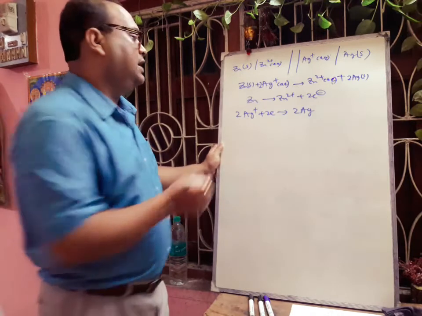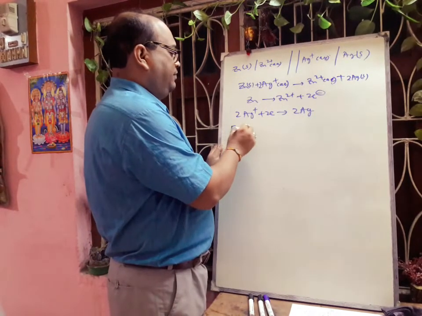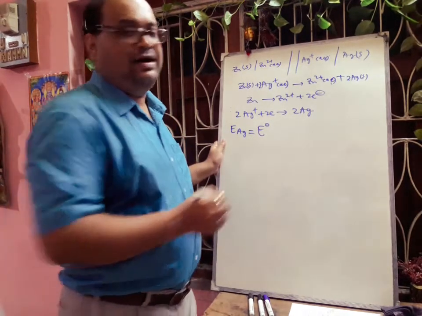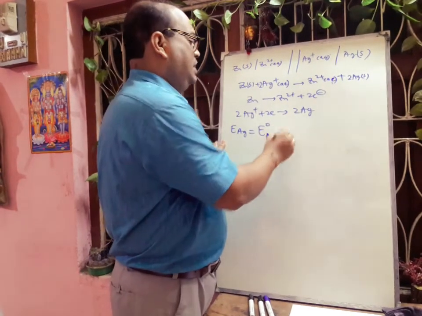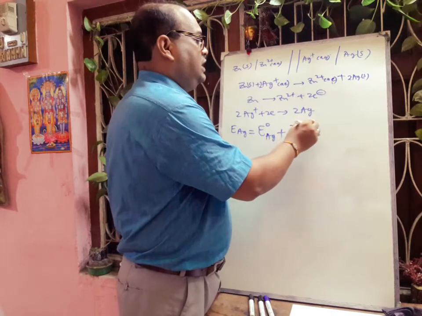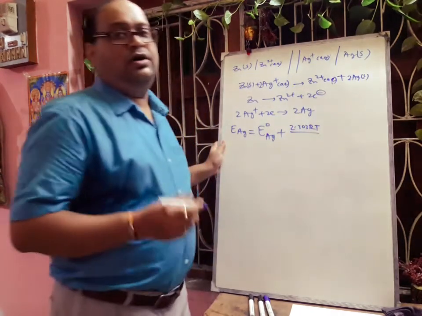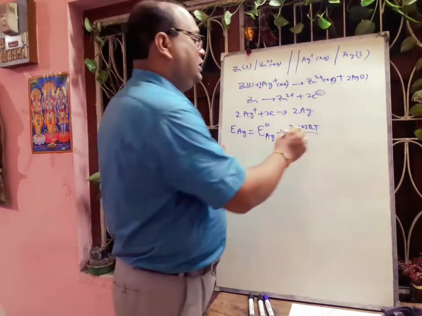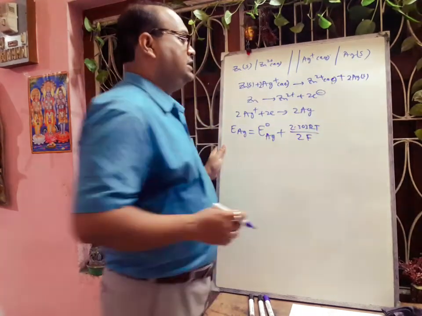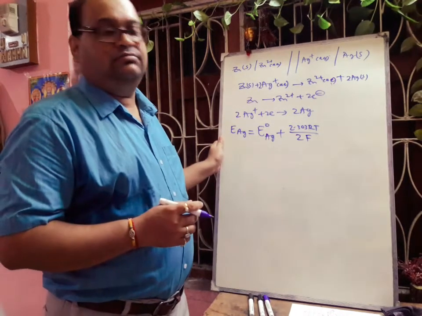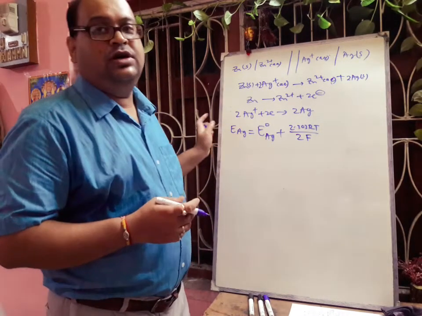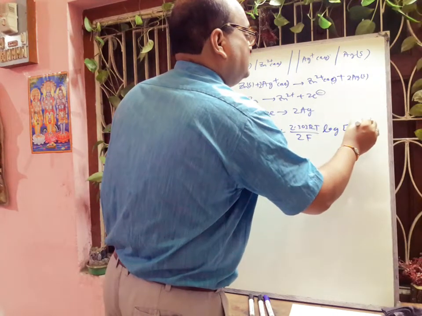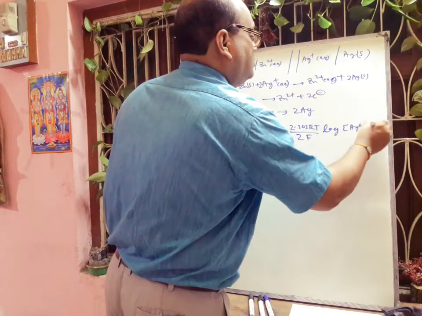So in case of silver, we will write E_Ag is equal to E0 of silver plus 2.303 RT. Here, actually one electron is transferred, but after balancing you are getting 2 electrons. So here n is equal to 2, that is twice F, and the concentration of Ag+ will be squared, so it will be log of concentration of Ag+ aqueous whole square.